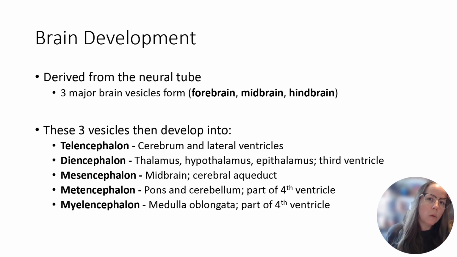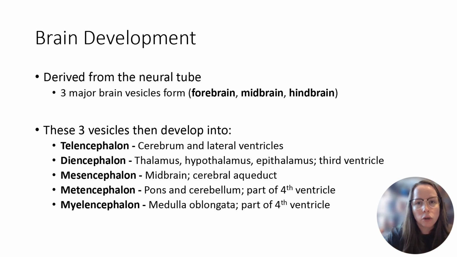Okay, so we're not going to get into this in terrible detail, but if you recall from our discussion on development, we had our process of neurulation, which is where basically we form the neural tube and these neural crest cells in the 3rd week of development, creating these pre-nervous system structures.